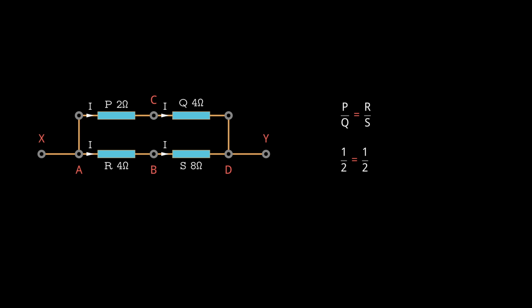The resistors P and Q, as well as R and S, are connected in series. To find the equivalent resistance of series resistors, we simply add their values.